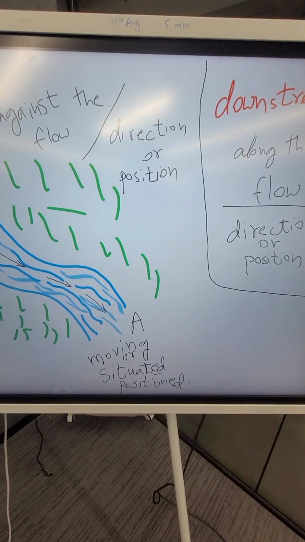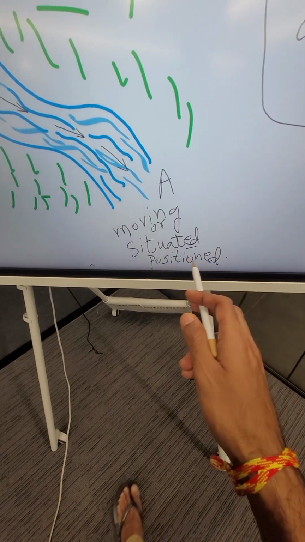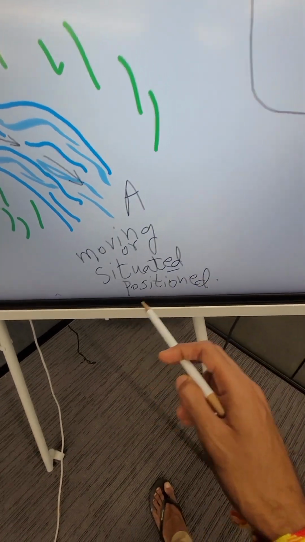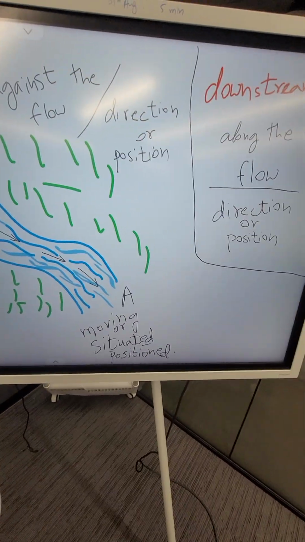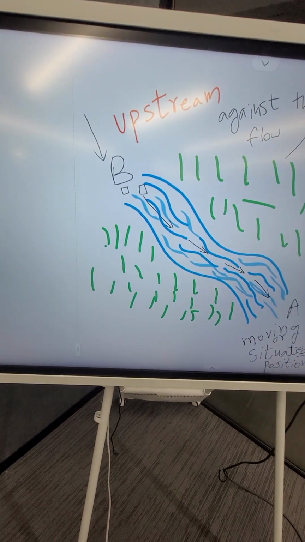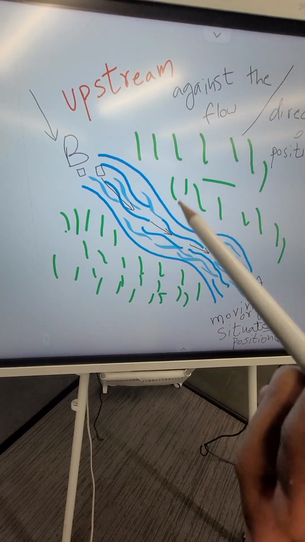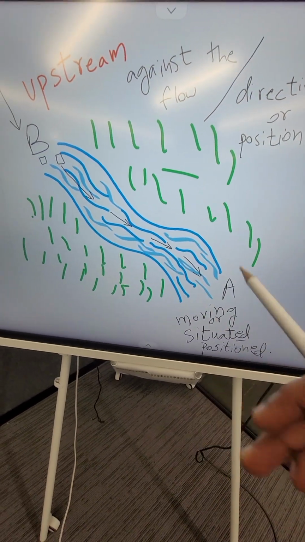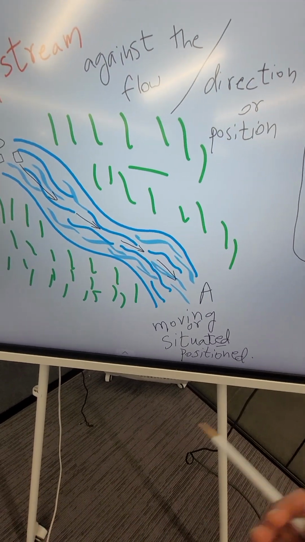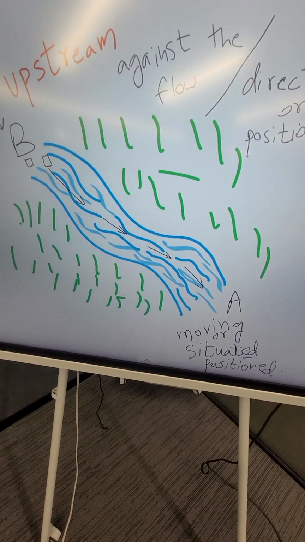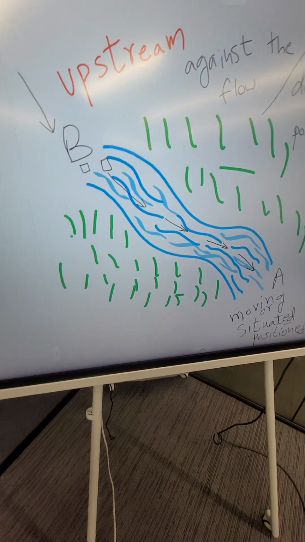So direction or position against the flow is upstream, along the flow is downstream. And it's all about rivers, or the flow of water in a water body, and they relate that to computer network packets or data.